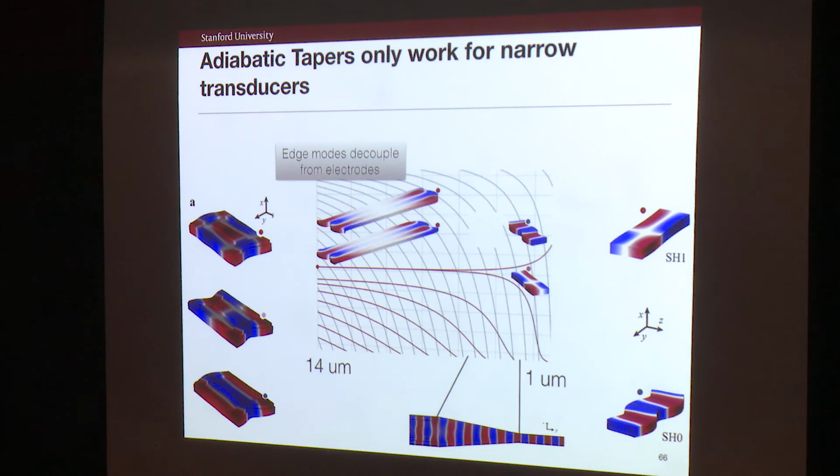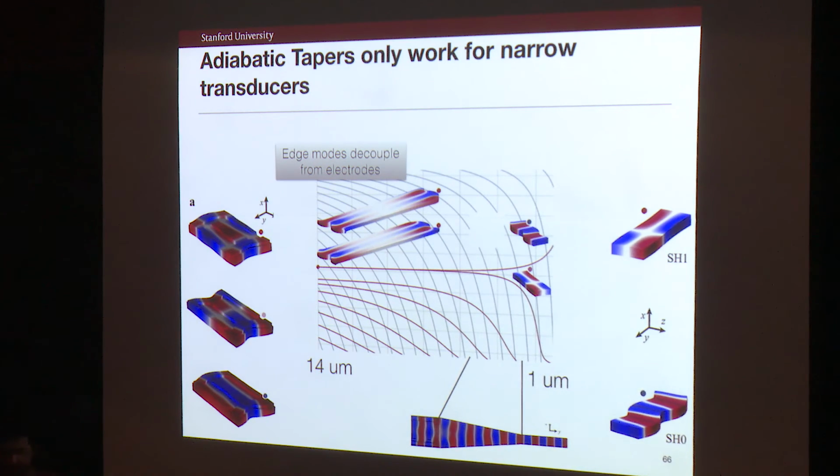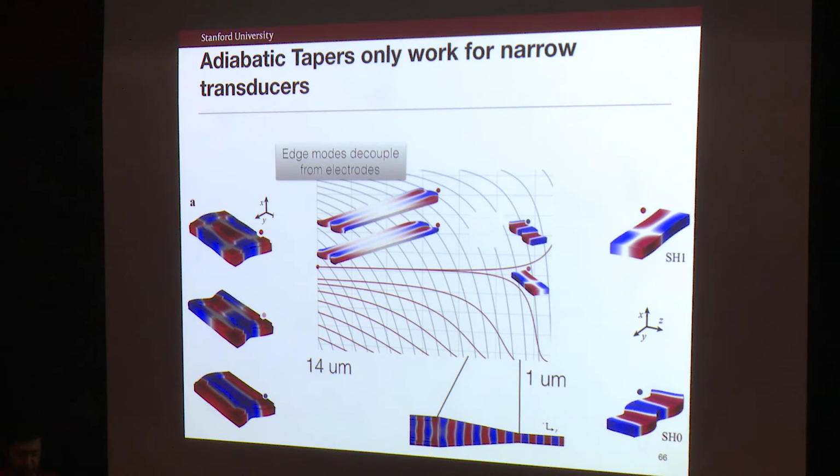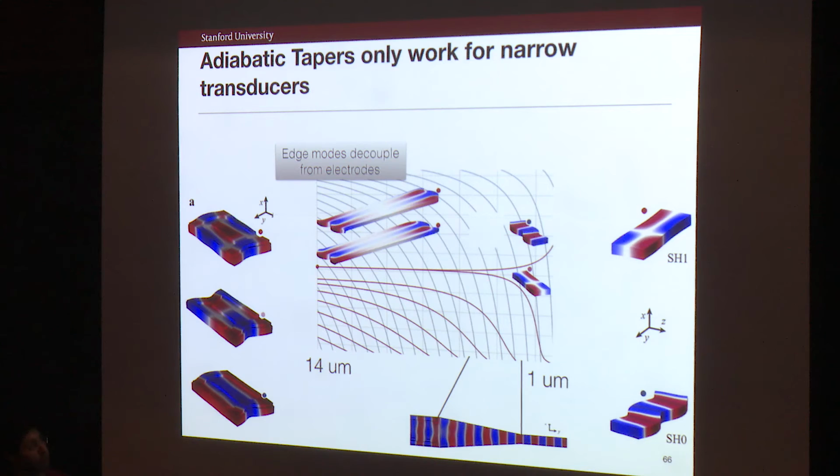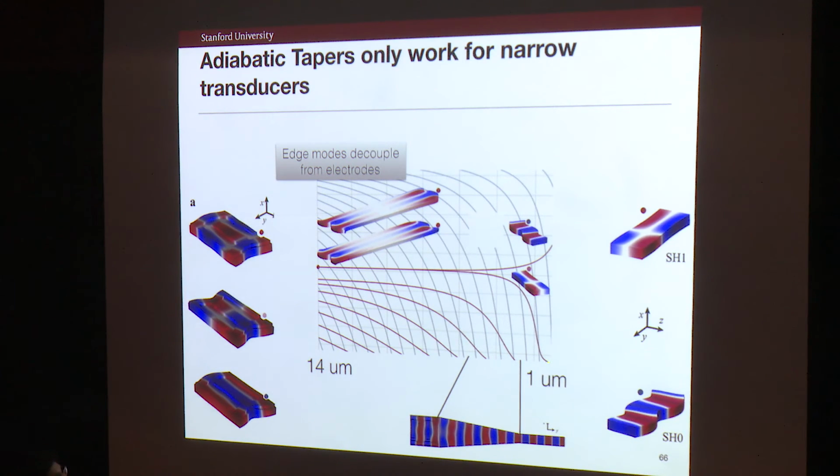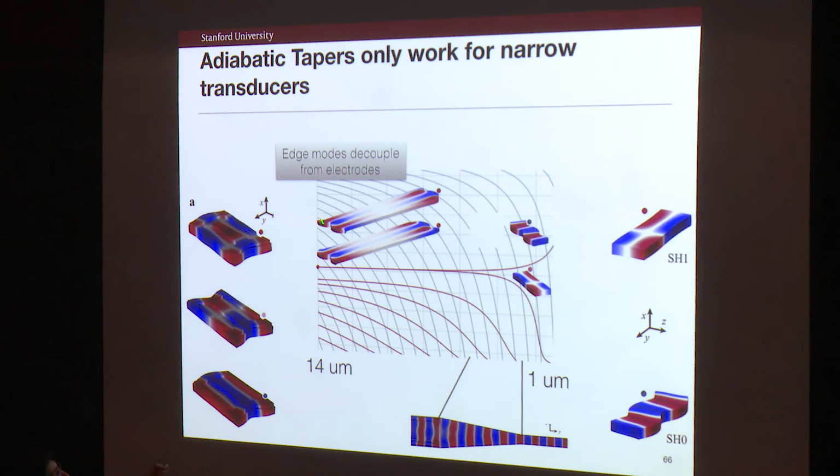And if you just do things adiabatically, it won't work, because unlike electromagnetics, where I can take a waveguide and make it larger and larger, and the fundamental mode essentially stays the same, it just gets bigger and bigger. Here, when you go from a narrow waveguide to a large waveguide, the modes end up getting localized at the edges.